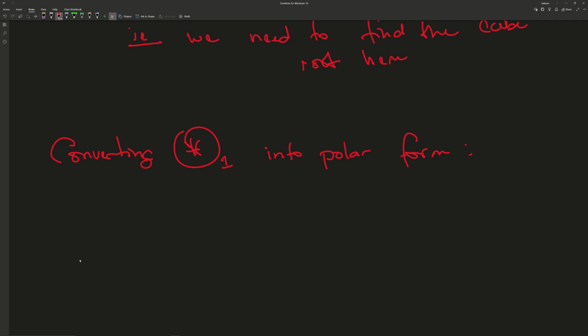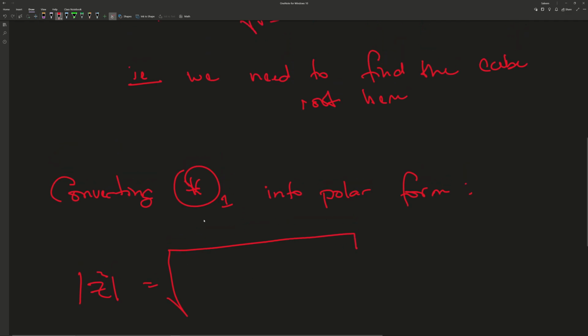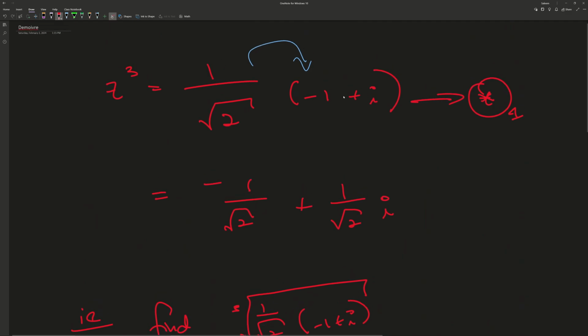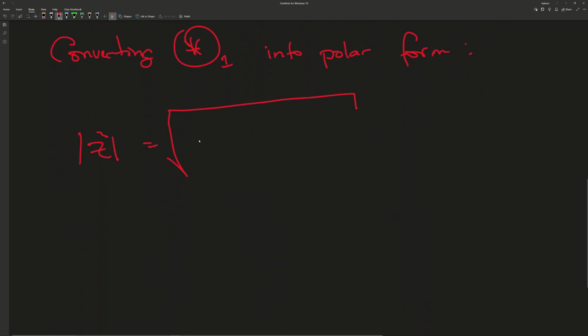We need to find the modulus. How do we find the modulus? This is the same thing as the square root, and this is why I multiplied inside here, so that I can get these separately and put them inside here.